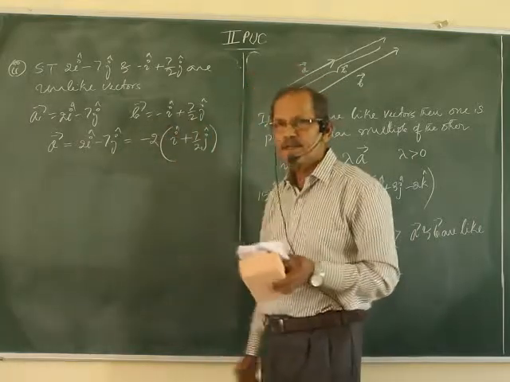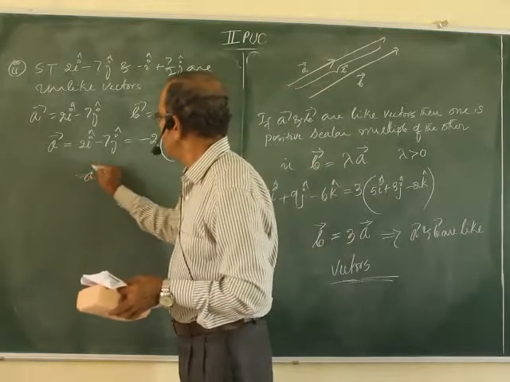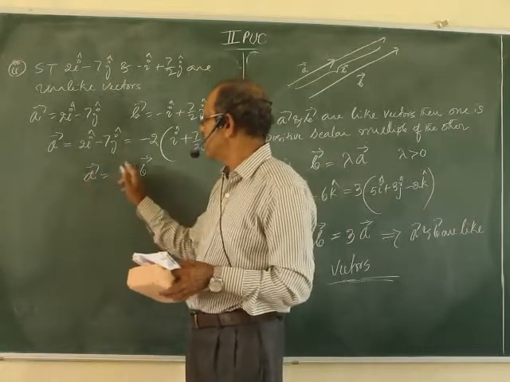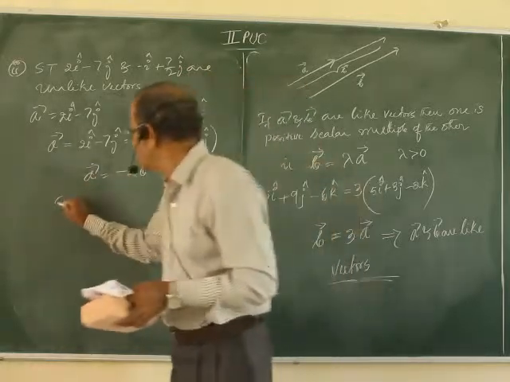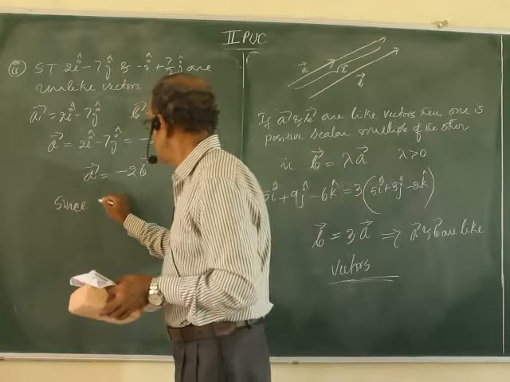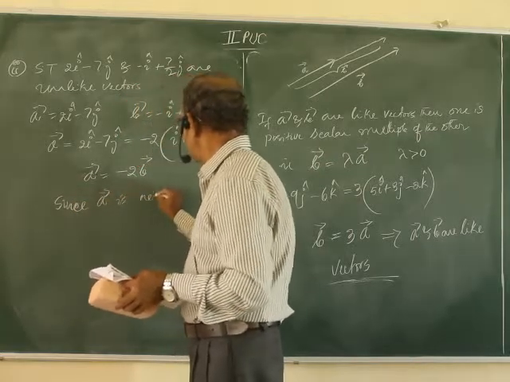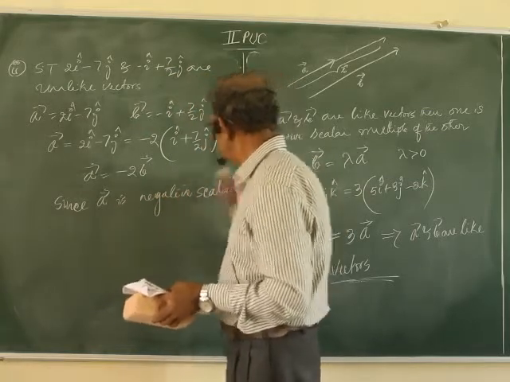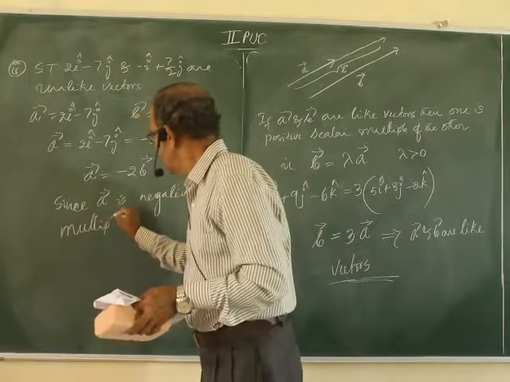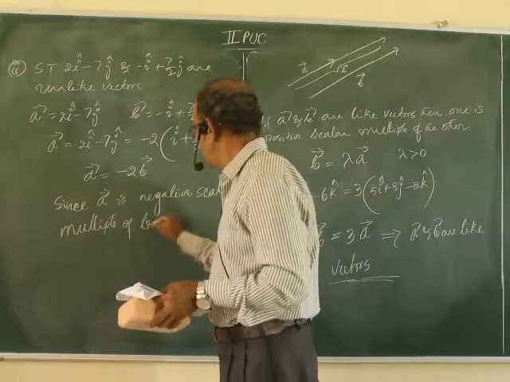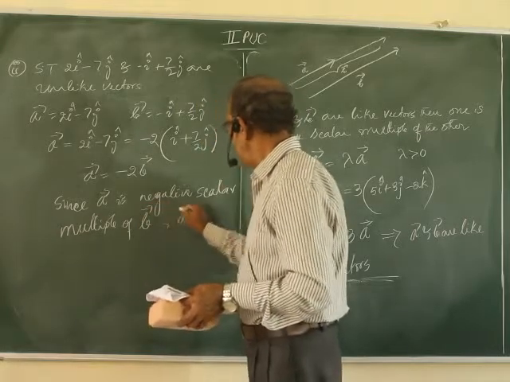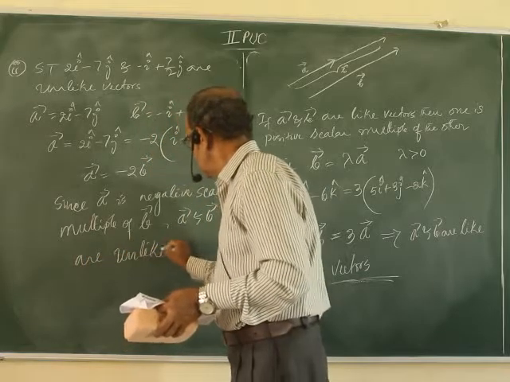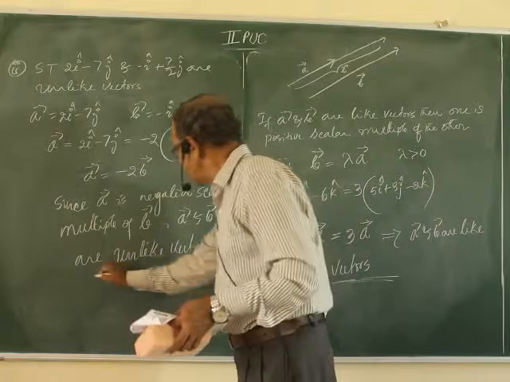This is vector B. Therefore, vector A equals minus 2 into B. It is actually a scalar multiple, but the scalar is negative. Since A is a negative scalar multiple of B, A and B are unlike vectors.